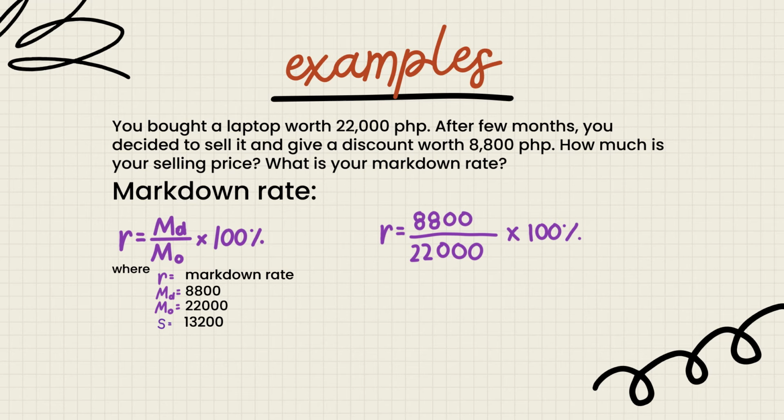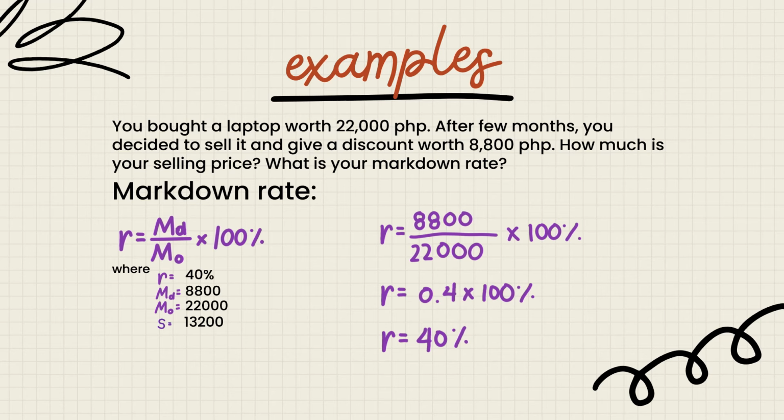So next one, let's find the markdown rate. So your R is equal to 8,800 over your original price, which is 22,000, times 100, that would give us 0.4 times 100%, which is also equal to 40%.